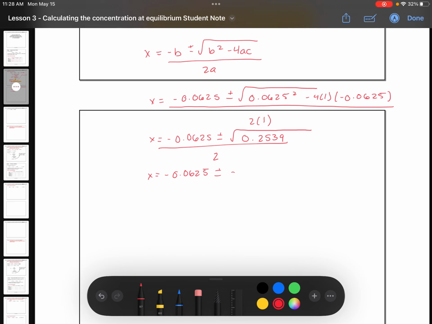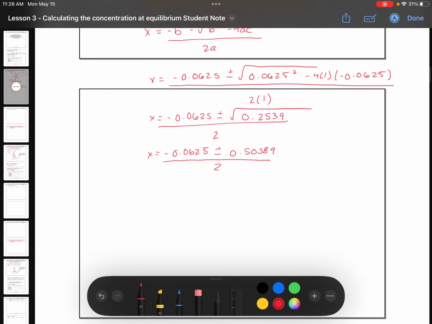And then from there, we can get rid of our square root, so 0.0625 plus or minus 0.50389. It's best to keep numbers long as well as have more steps throughout this, because the more steps we have, the less likely to have an error. So keep this nice and long.